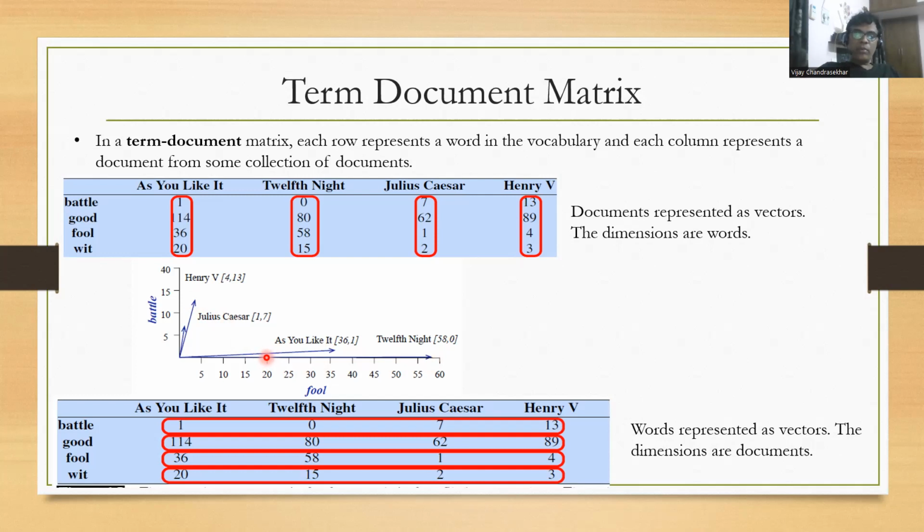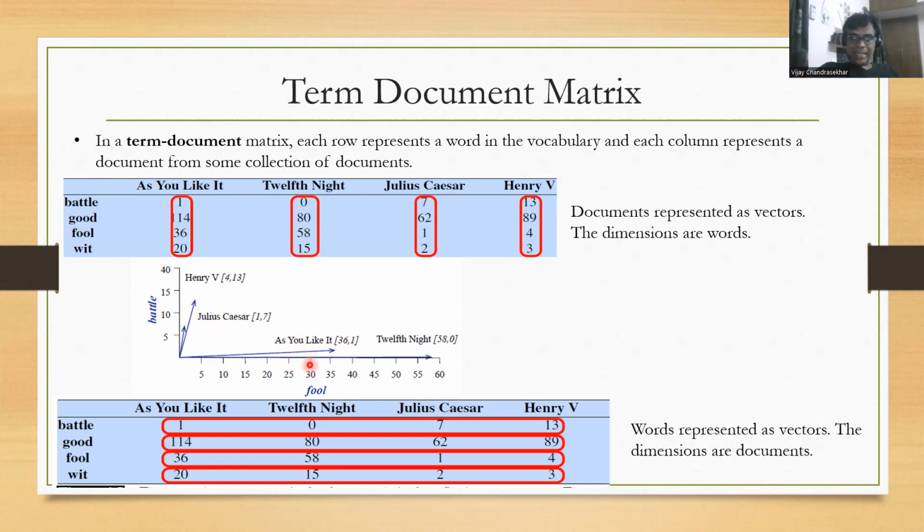Think about it, folks. Let's say there is no word such as battle in the document As You Like It. Then in the arrow mark, where will it be?